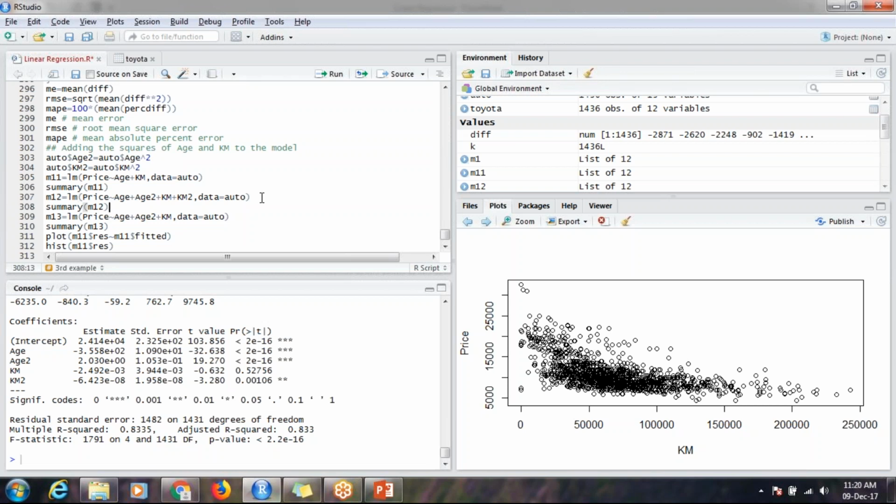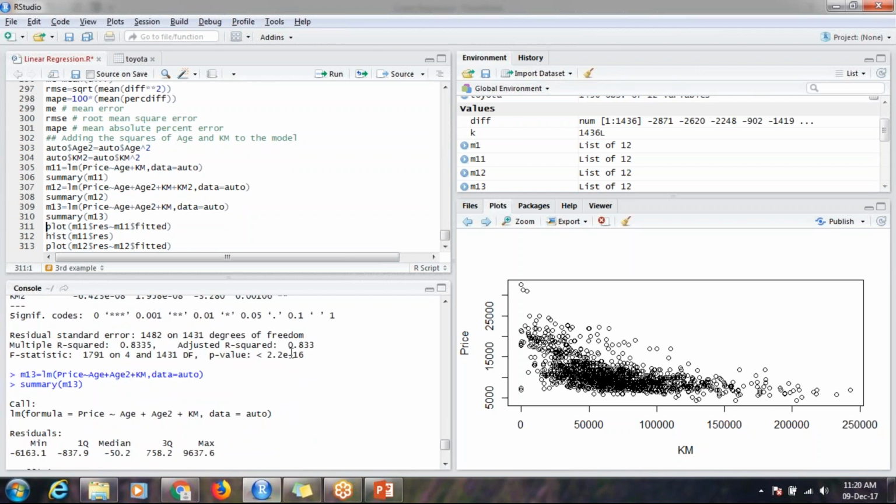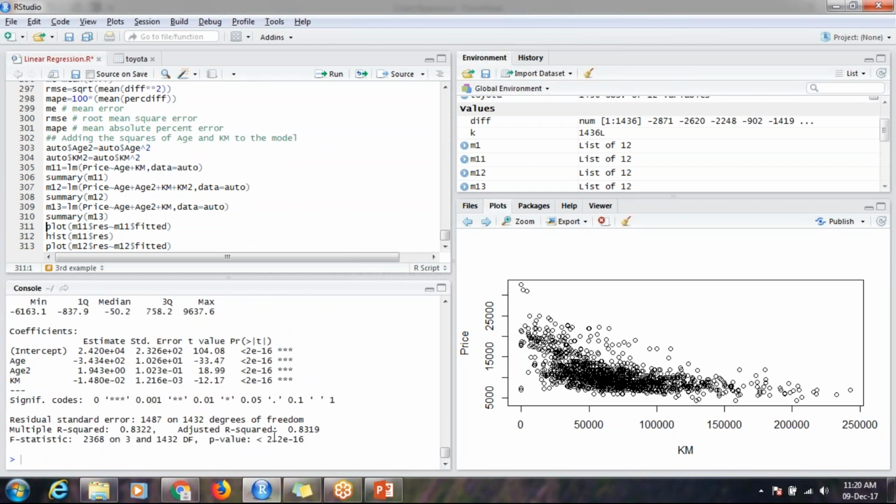Okay. So here, see the R square hasn't changed much. Here I was getting 8.3 and almost the same R square, 8.3. So removing kilometer was a better option because it was not contributing at all.